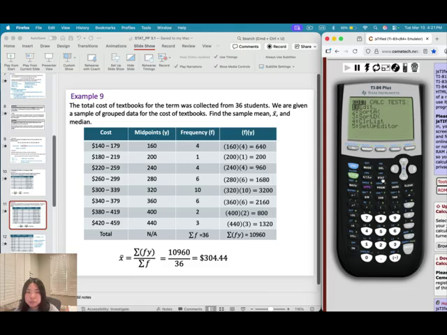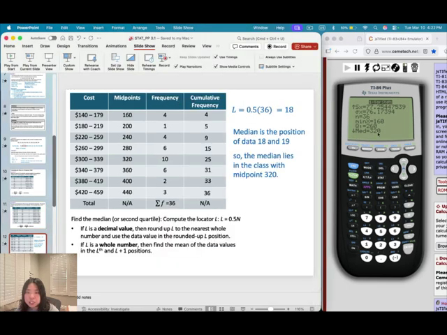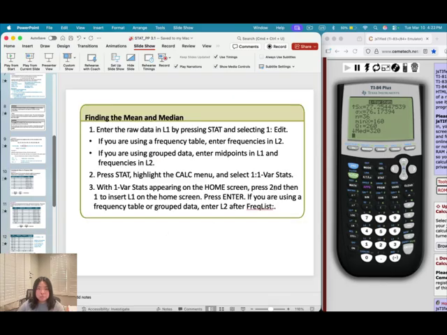Go to STAT, go to CALC, click on number 1. Midpoints are on L1 and the frequency is on L2. Go to Calculate. So you can see my mean is 304.44. Okay, that matches with this mean. And also go down, you can find your median. The median would be 320. So you can use the calculator to figure out the mean and the median for the frequency distribution. Follow this procedure.